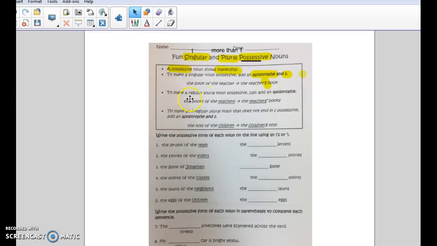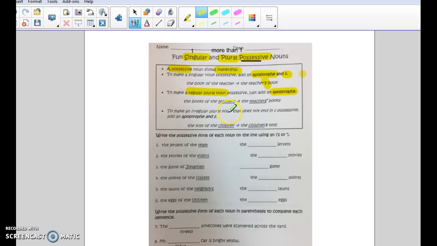Okay? To make a regular plural noun possessive, just add an apostrophe. Because it's plural, it already has the S. So you just add an apostrophe on most plural nouns. So here we have the books of the teachers. Well, who's owning something there?